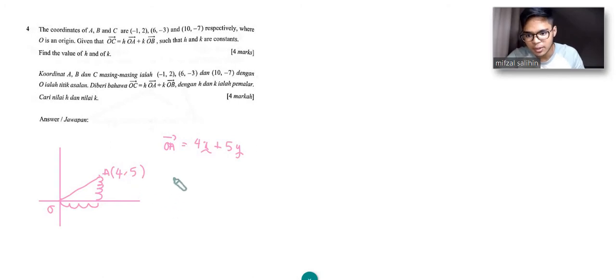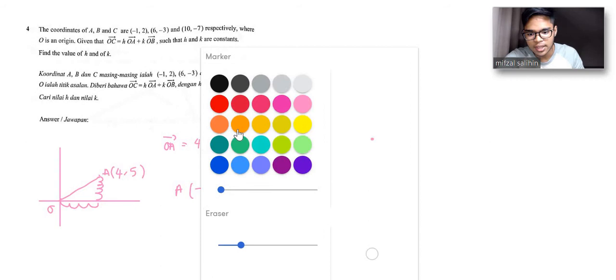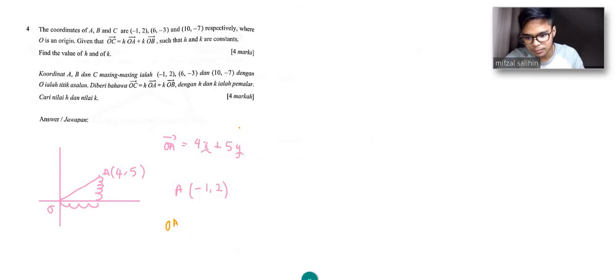Now from our question, A has the coordinates (-1, 2). So the vector OA is -x plus 2y, whereas the vector OB is 6x minus 3y, and the vector OC is 10x minus 7y.